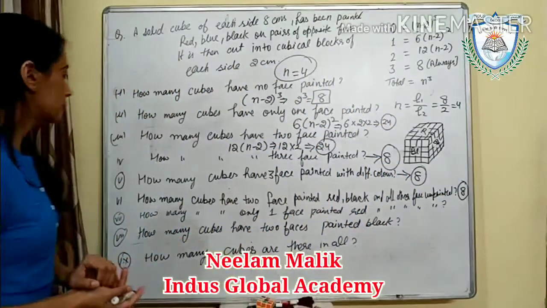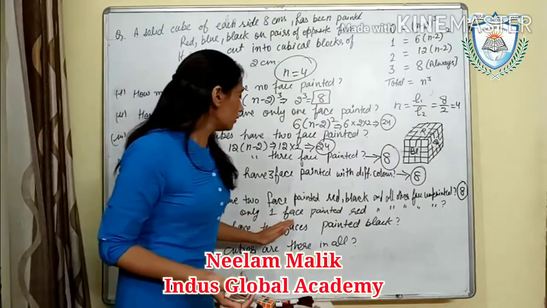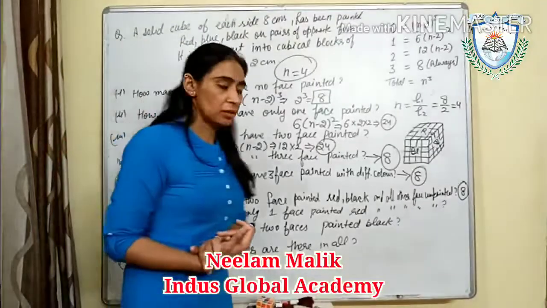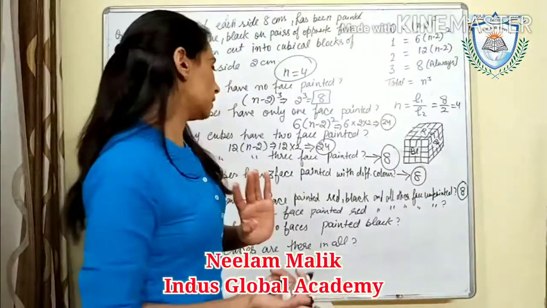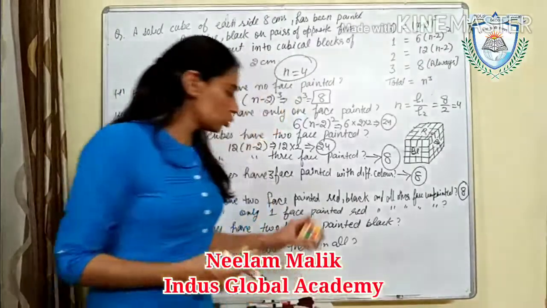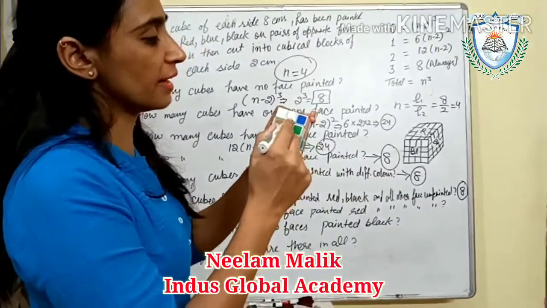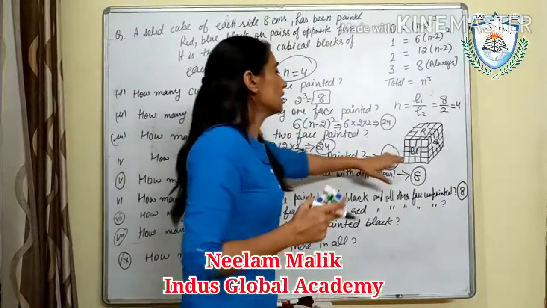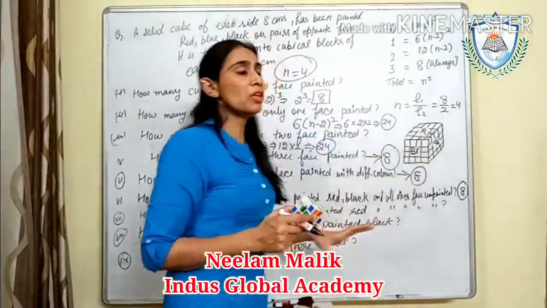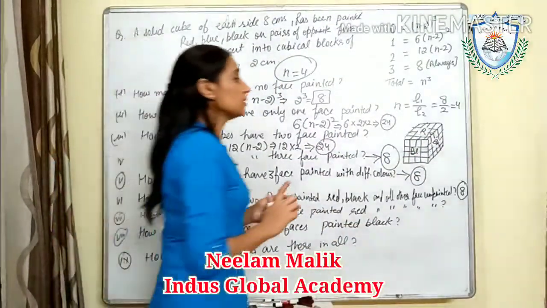Now, how many cubes have only one face painted red? Listen to me. Here two sides are red, this is red and this is also red. But the size of our cube is 4 into 4 into 4, so we have to tell only one color, and that one color is at the center.